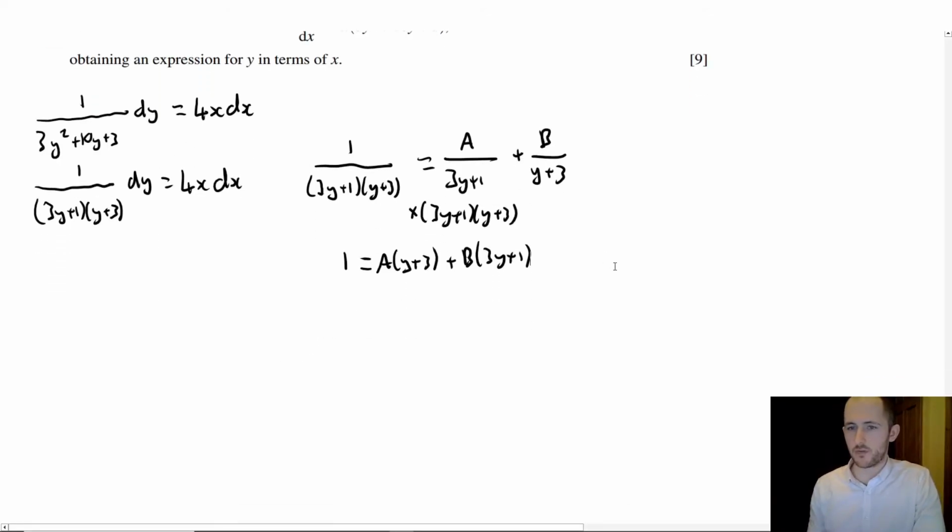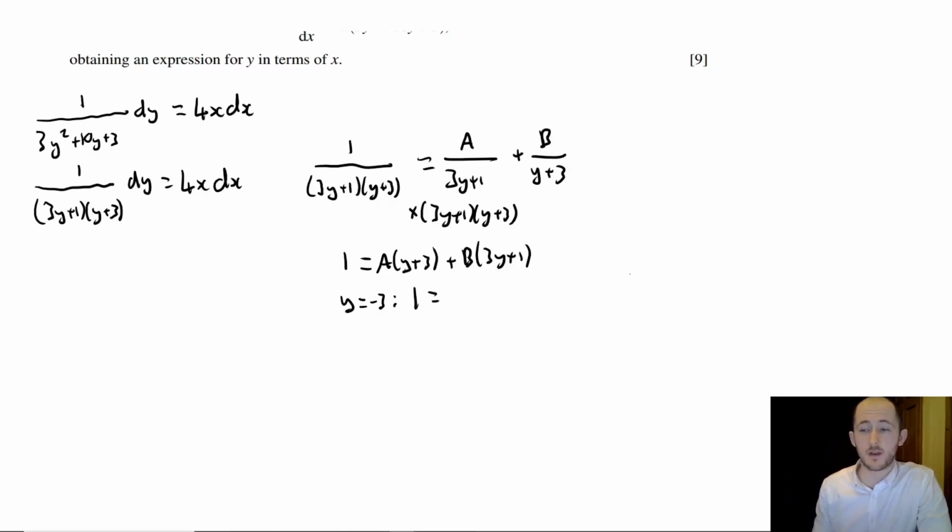And if I were to solve this, or attempt to solve this anyway, let's sub in y equals minus 3 first, because it kind of makes sense. We have 1 equals, the a term goes away, and we're left with minus 3 times 3 is minus 9, plus 1 is minus 8, so we have minus 8b. So b is equal to negative 1 over 8. Easy. And then we have to sub in minus a third.